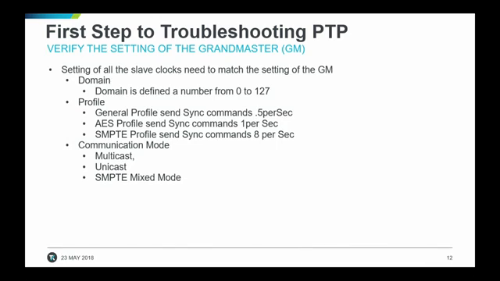Communication mode: multicast, unicast, SMPTE mix mode. SMPTE mix mode is essentially multicast from the grandmaster out, and from the slave client devices all the way back, it's unicast. So you have to decide which method you're going with, but everything on the network must agree with the configuration that you have, or else things just plain don't talk.